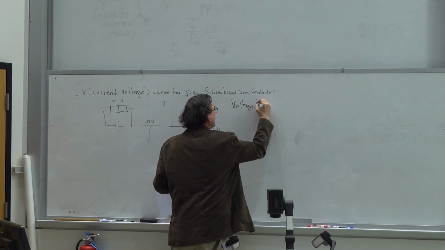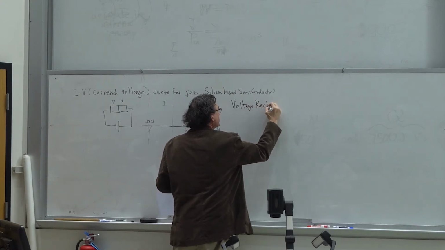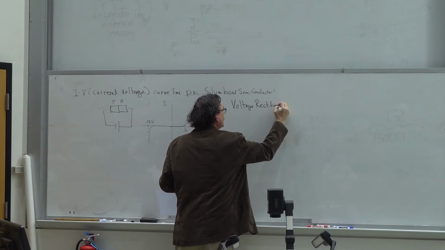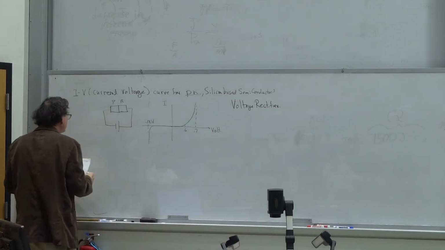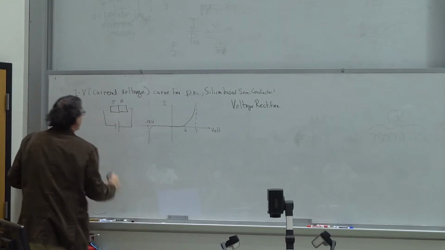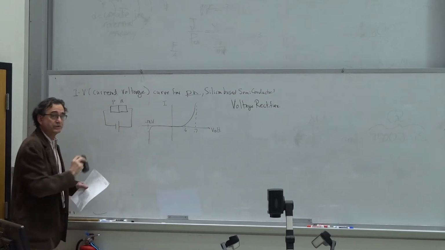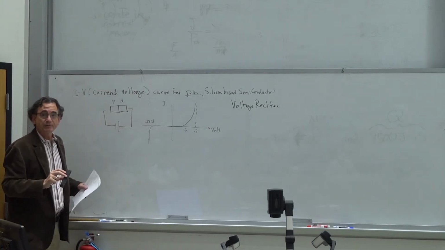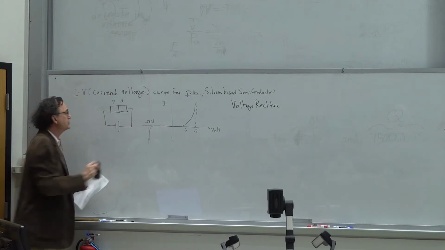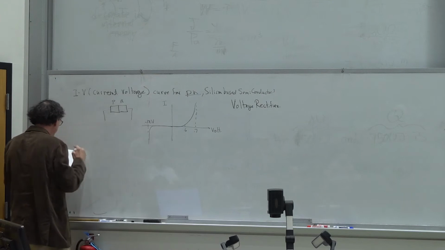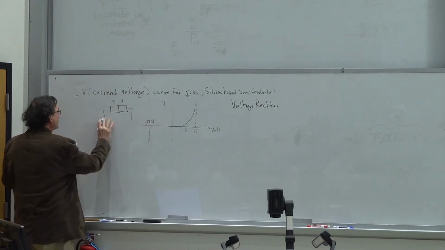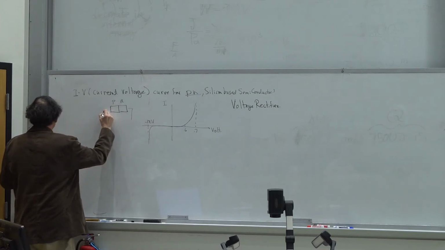The idea of a voltage rectifier is that I make a new circuit now. Do you want me to erase this or redraw it? You don't care, right? Works either way? Okay, so let me just modify this one. For those of you who want to take notes, you just draw a new picture. It's not that much different.